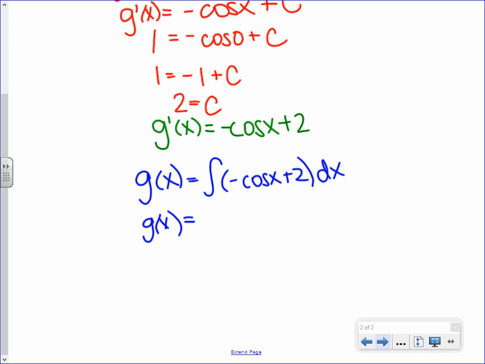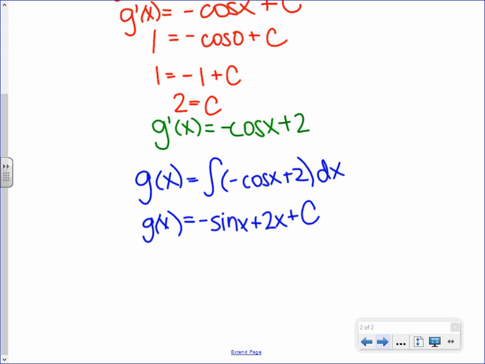Okay, Trevor, what would our antiderivative be? Negative sine x plus 2x plus C? You are not wrong. Okay, but we're going to start with plus C.